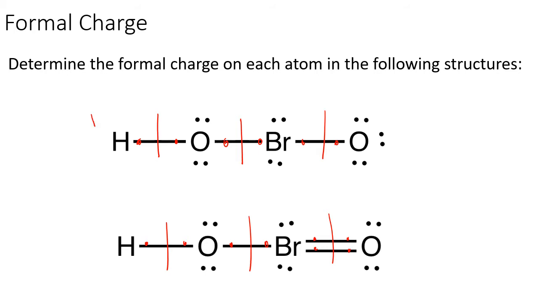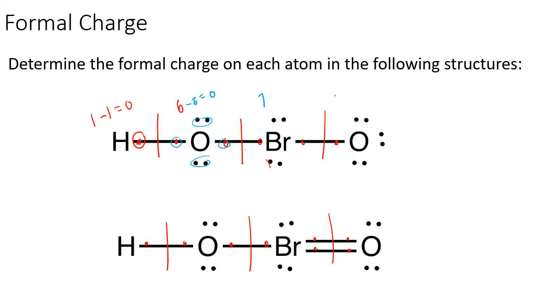And in our drawing, hydrogen does have just 1 electron around it. So it would be 1 minus 1, and we have a formal charge of 0. Oxygen is in group 6A, and in our structure on the top here, we have 2, 4, 5, 6 electrons. So we're going to have 6 minus 6, or 0 formal charge.